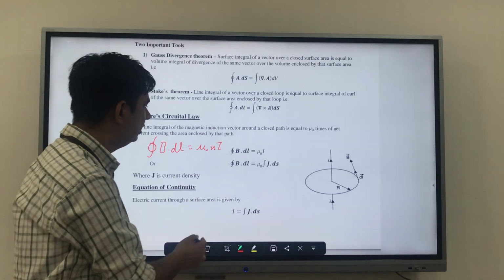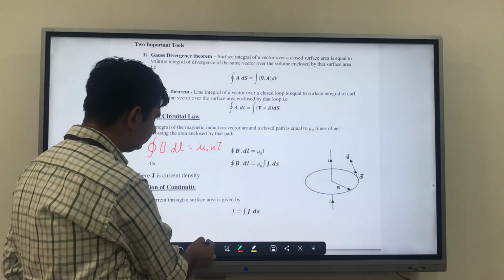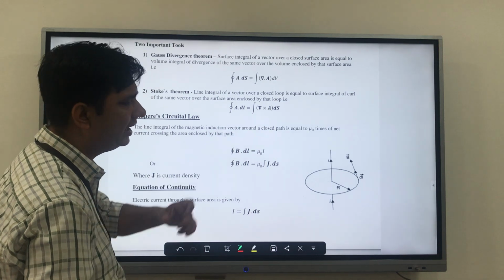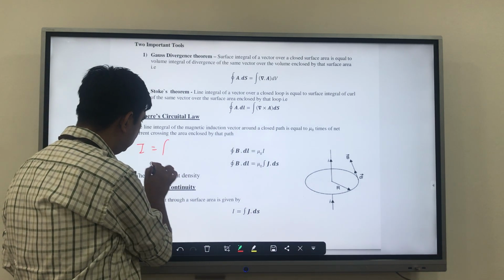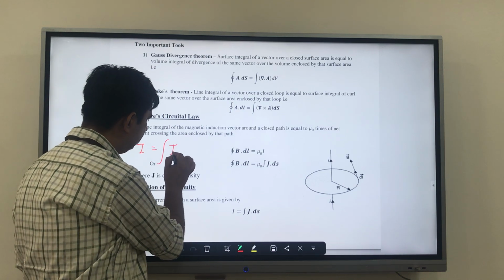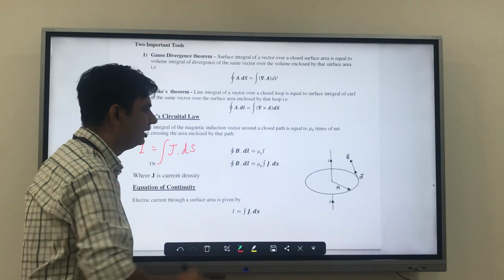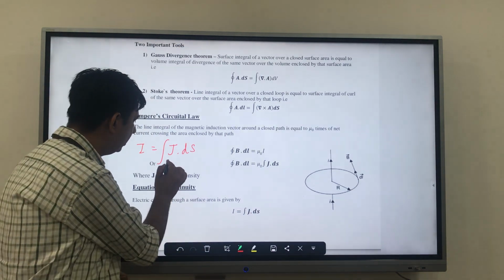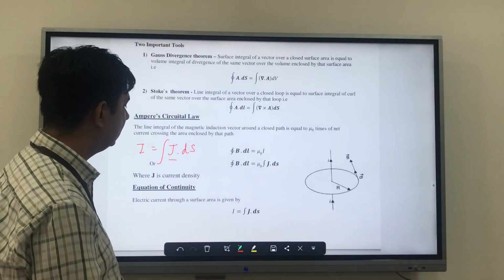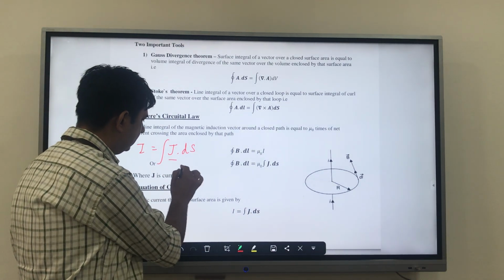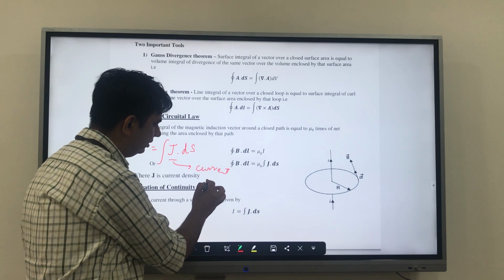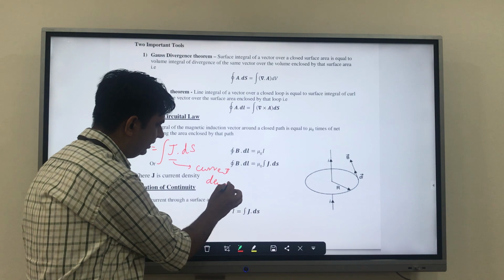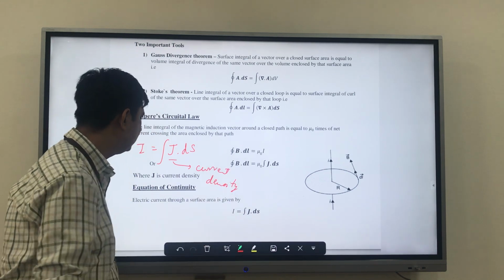We also know that current can be written in the form I equal to the integration of J dot ds. And what is J over here? J is the current density.